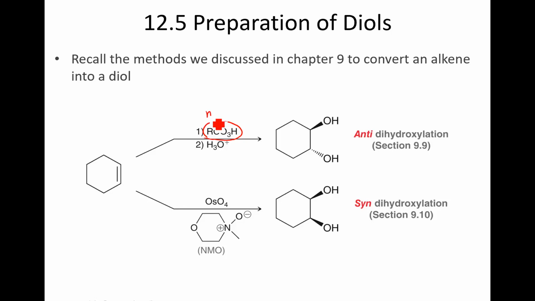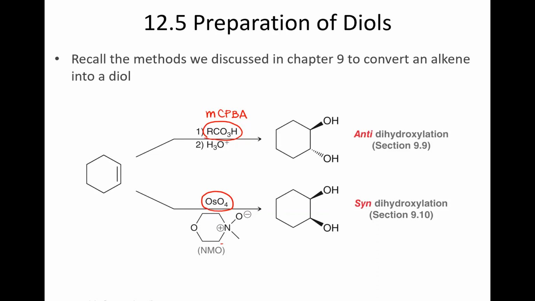Sometimes you might see MCPBA listed, which is a specific type of peroxy acid called metachloroperoxybenzoic acid. And Syn hydroxylation uses osmium tetroxide.